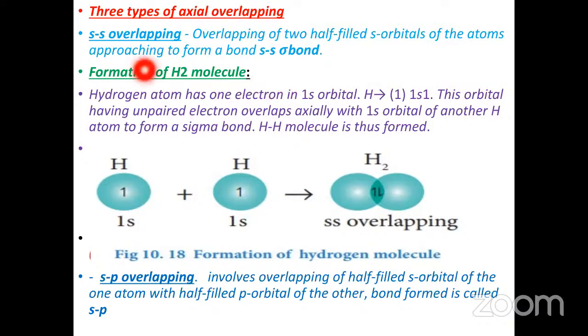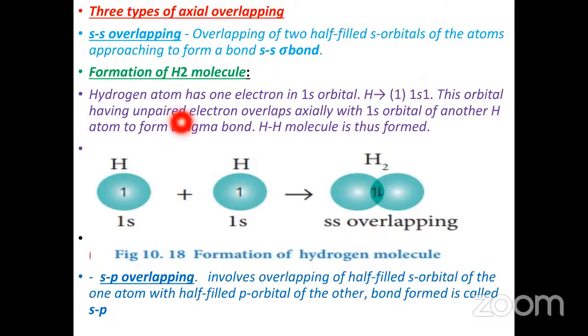In ss overlapping, two half-filled s orbitals of the atoms approach to form a sigma bond. That is the ss sigma bond. Example, formation of H2 molecule. Hydrogen has one electron in its orbital, the electronic configuration is 1s1.